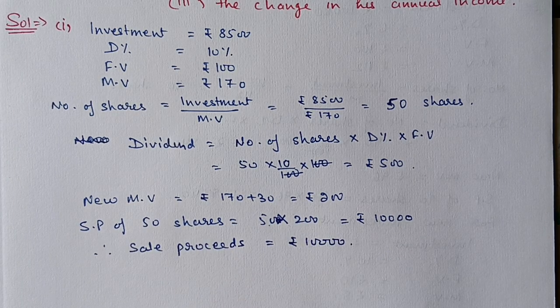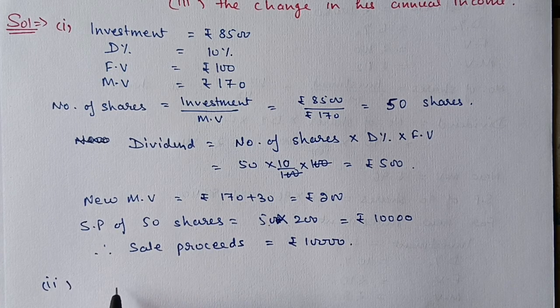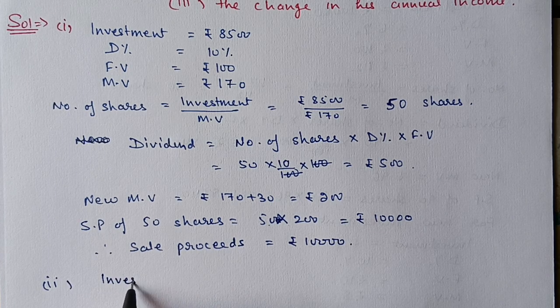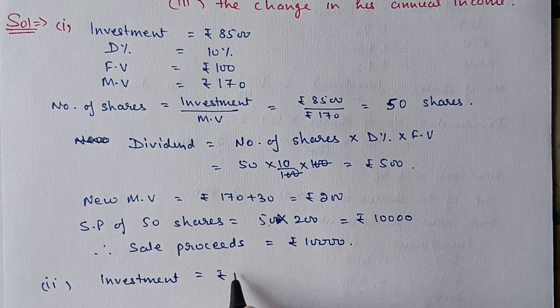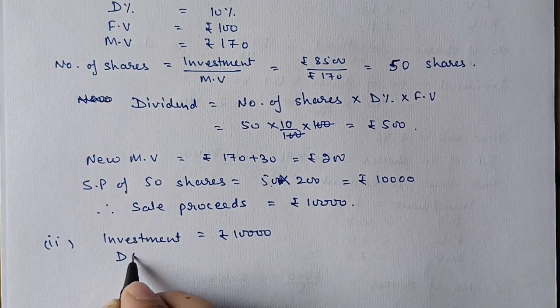Now in the second part, we have to calculate the number of shares which he can purchase at the rate of 125 rupees. So for the second part, investment is 10,000 rupees. This money he is now investing in the second deal. Dividend percentage is given as 12%.